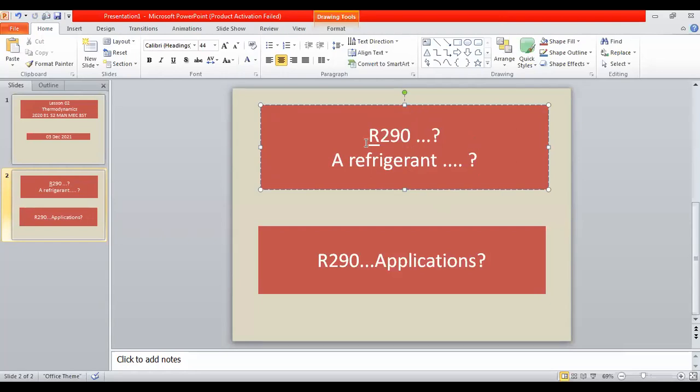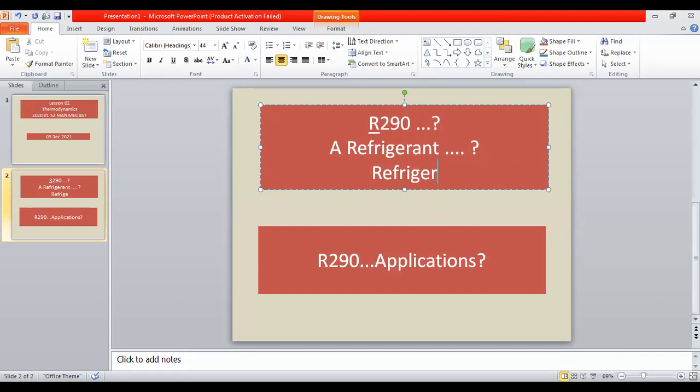So, so many things to learn. R means a refrigerant. So what is a refrigerant? We will look into the applications slowly.